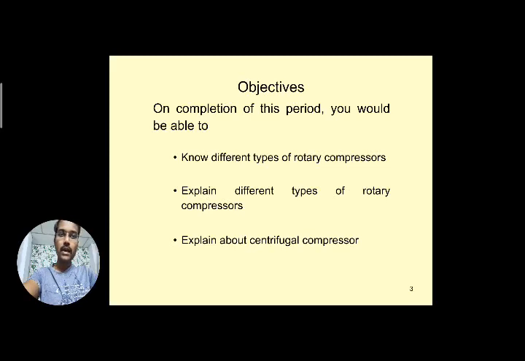We'll see small line diagrams of both compressors, and we'll see the working of the centrifugal compressor, and in what cases we use centrifugal compressors in refrigeration. So we'll see all these things here.